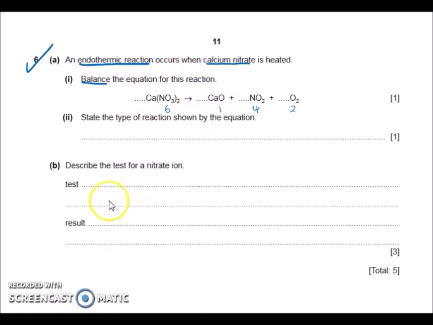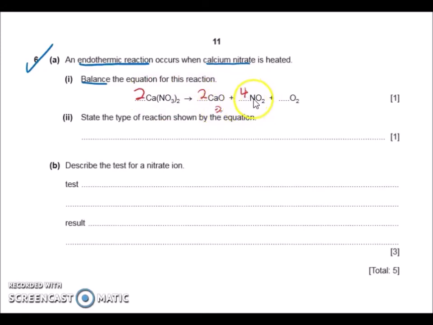When I make this side 2, now we balance it. Calcium we have 2, so we put two atoms of calcium. Now we look at nitrogen: we have 2 multiplied by 2, so here we get 4. So oxygen is 2.